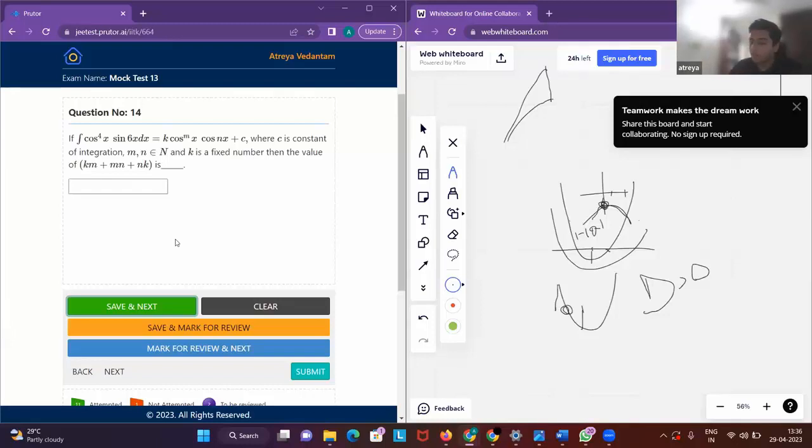We know that cos^2 x is simply (1 + cos 2x)/2. And so the square of that is going to be (1 + cos^2 2x + 2 cos 2x)/4. And cos^2 2x itself is (1 + cos 4x)/2. And sin(4x + 2x) is sin 4x cos 2x plus cos 4x sin 2x.